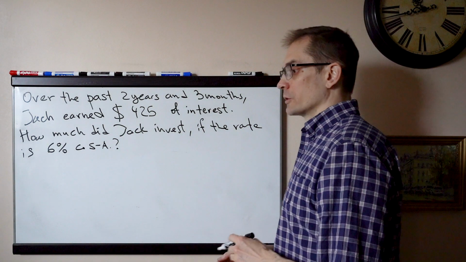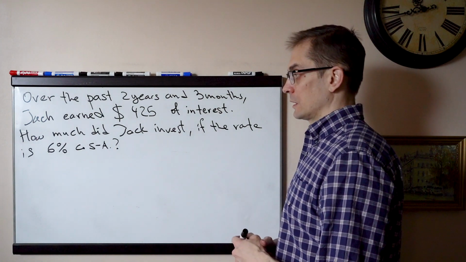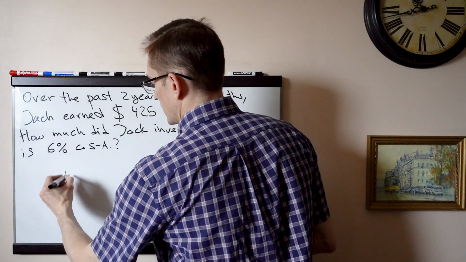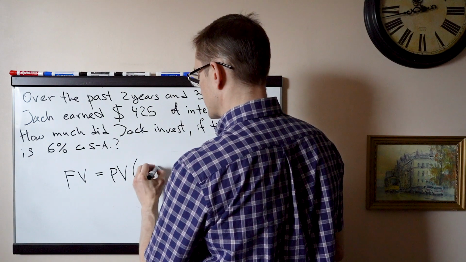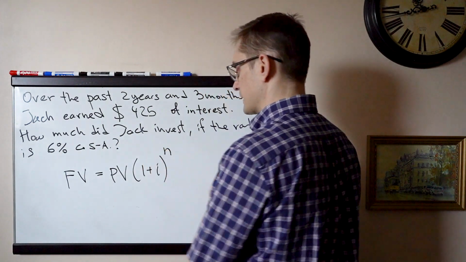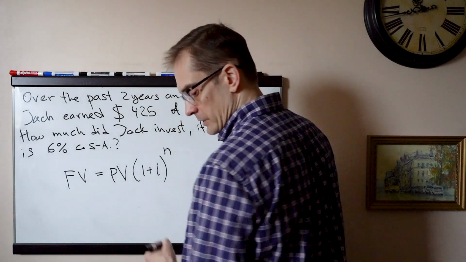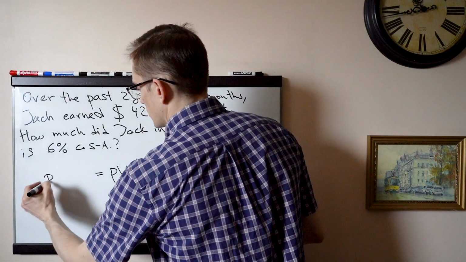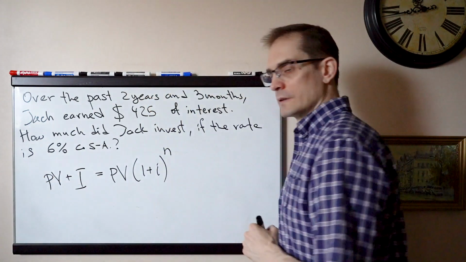In this problem, we're not given the future value. We're only given interest. Now, we'll start solving, of course, from our major idea, which is future value equals present value times (1 plus i) to the n. And what we know is that future value can be written also as present value plus interest, like that.